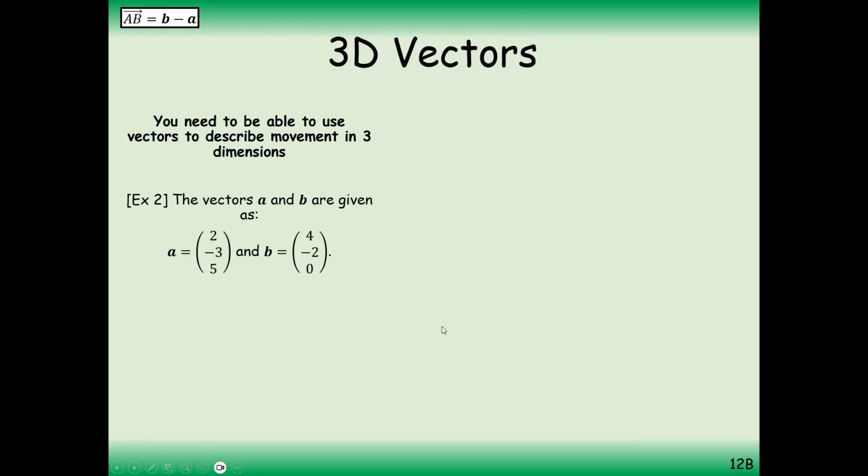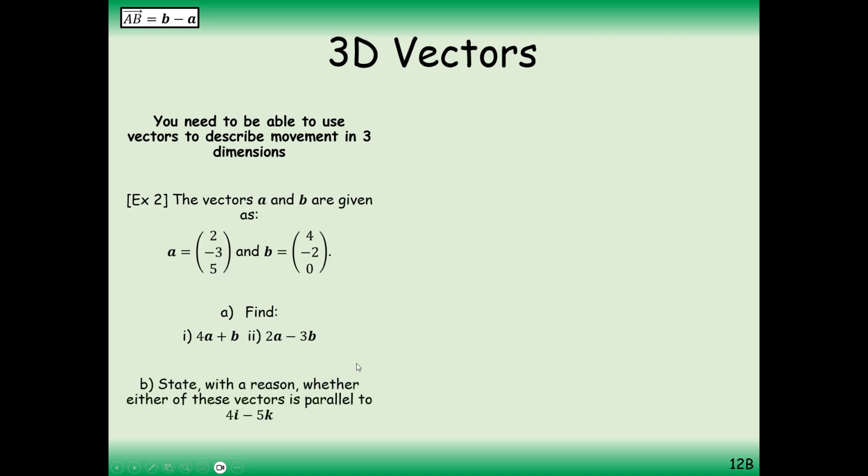In the next example, we've been given vectors a and b in column notation, and we've been asked to calculate 4a plus b and 2a minus 3b. That means 4 lots of vector a added to vector b. All we have to do is multiply the coefficients and add them together.